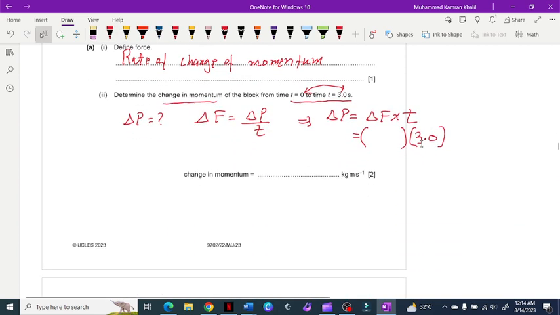Now we will substitute the values. So 1.4 minus 0.80, and then multiply by 3. We will get exactly 1.8. In this question we will not do any rounding of data because the answer is already in 2 SF.